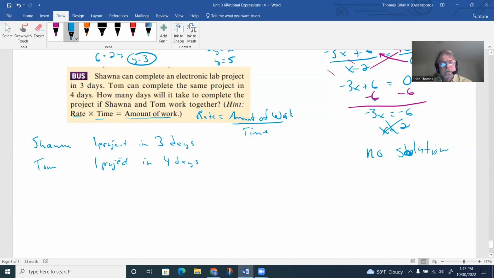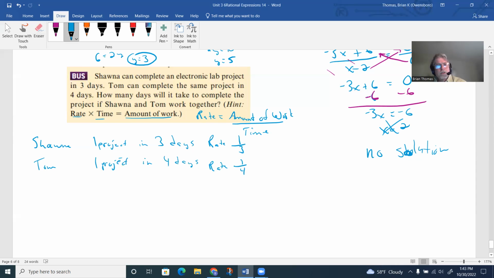So for Shauna, 1/3 would be her work rate, where Tom's rate would be one project in 4 days. It'd be that ratio.